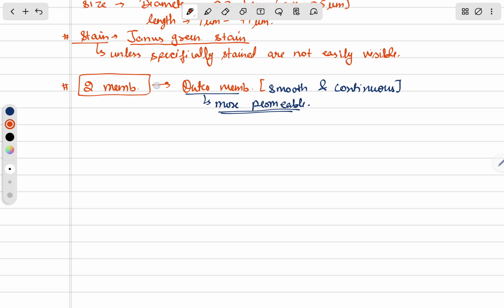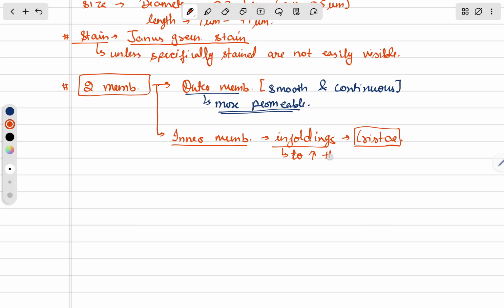Second is the inner membrane of mitochondria. Now, the inner membrane of mitochondria has enfoldings, and those enfoldings are termed as cristae, right? So, why are cristae present in the inner membrane? These enfoldings are to increase the surface area. Why is there a requirement of increased surface area?